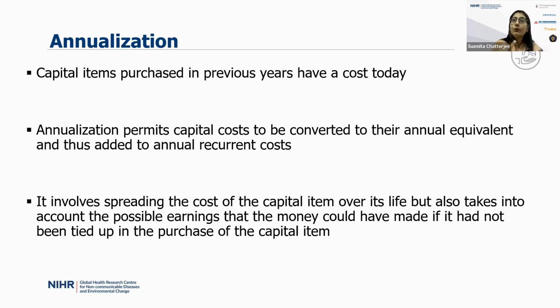If you remember, I talked about fiscal cost, financial cost, and economic cost. If you think of putting everything in 1 year, that is your fiscal analysis. But if you are doing an economic cost or financial cost, you have to find out per year what is the cost of the capital item. And that's what annualization is. Annualization gives you that estimate of the cost of the capital item for a particular year.